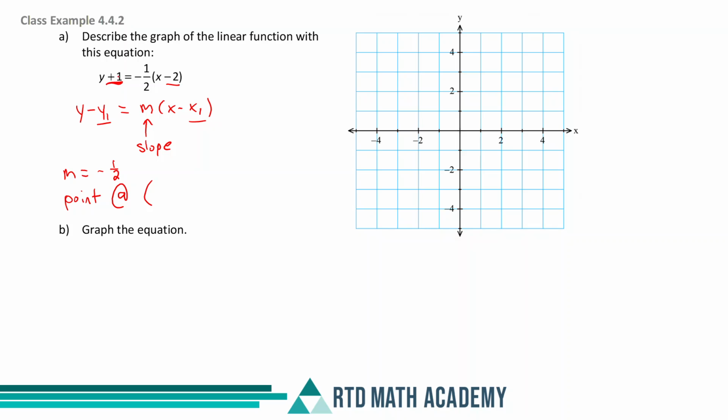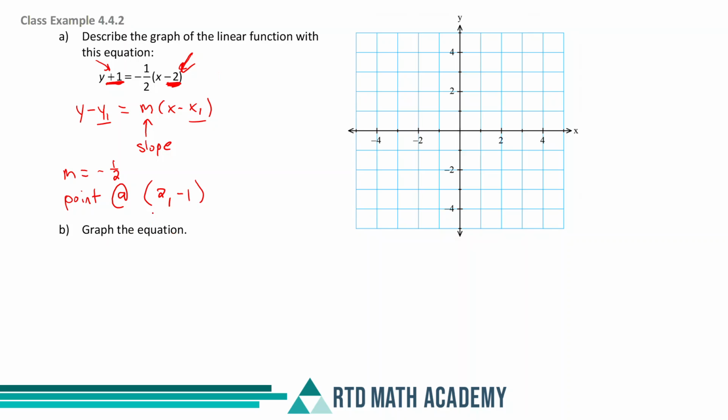So because of that, if this says +1 and this says -2, this one corresponds to my y and this one to my x. So for this -2, that would actually be +2 for my point, and for my y, it would be at -1. So just the opposites. And there you go, that's what we know from that form of the equation.